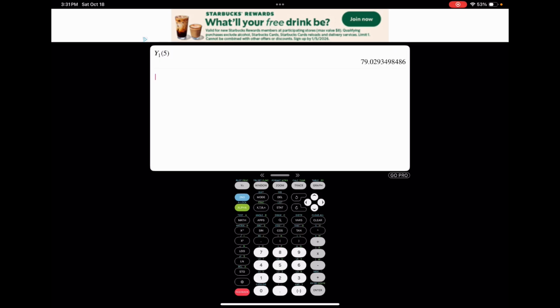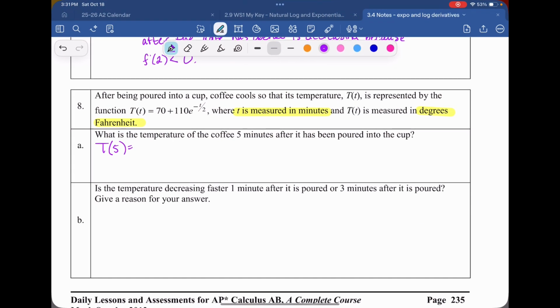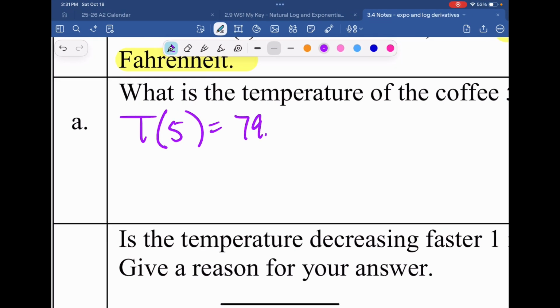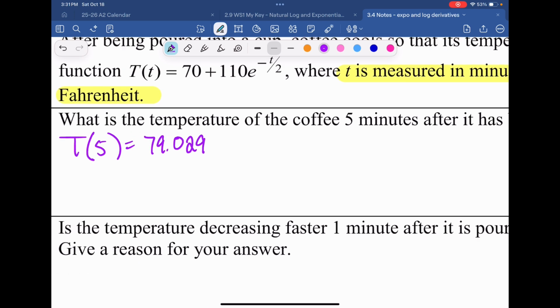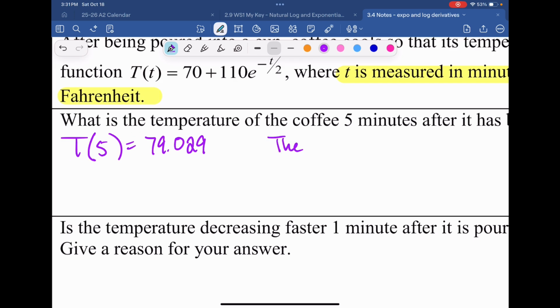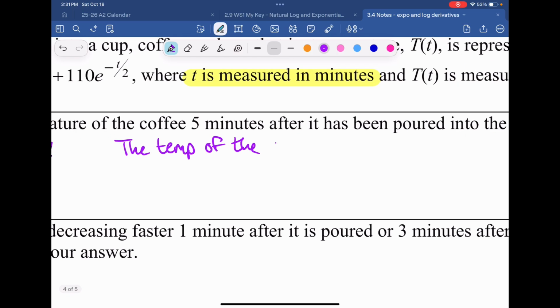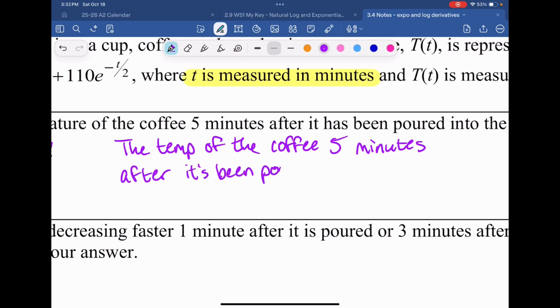So 79.029. Okay, the temperature of the coffee five minutes after it's been poured is 79.029 degrees Fahrenheit.